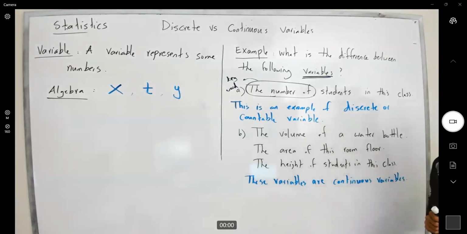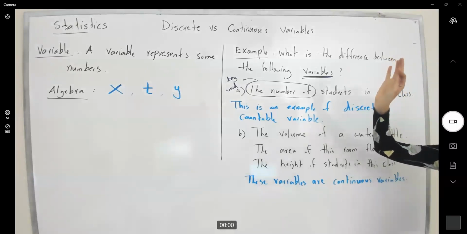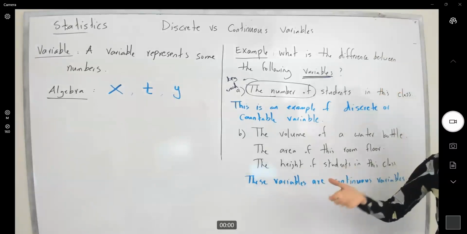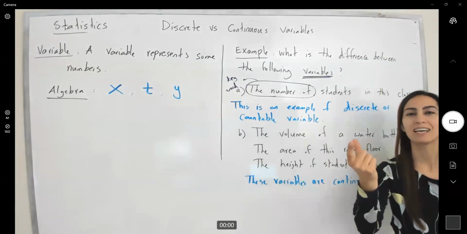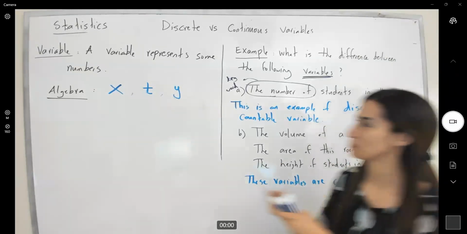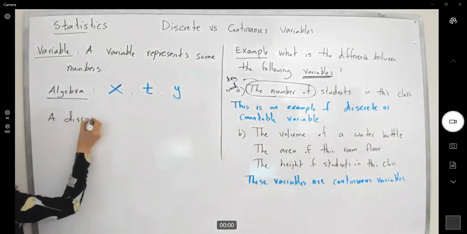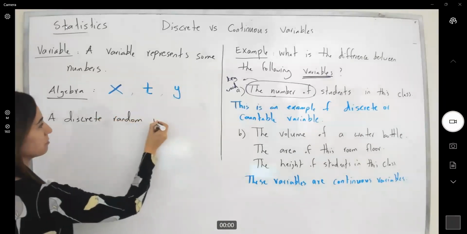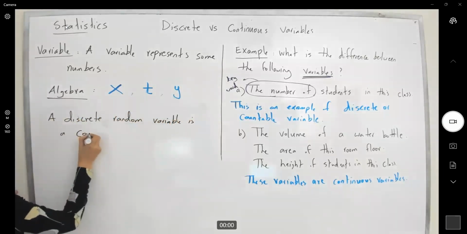So what's the difference? The main important thing is that for a discrete random variable, you are allowed to count, and for a continuous random variable, you cannot count, but you can fit numbers in between 2 numbers in an interval. A discrete random variable is a countable variable.